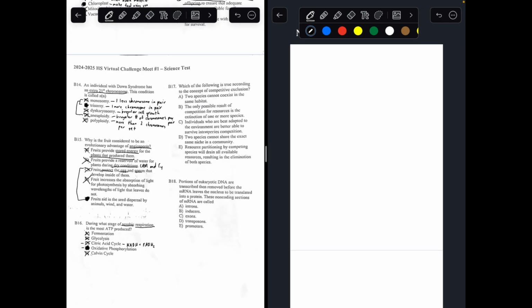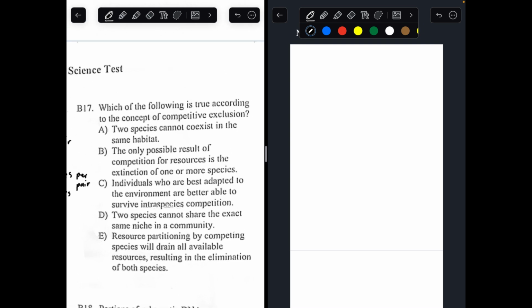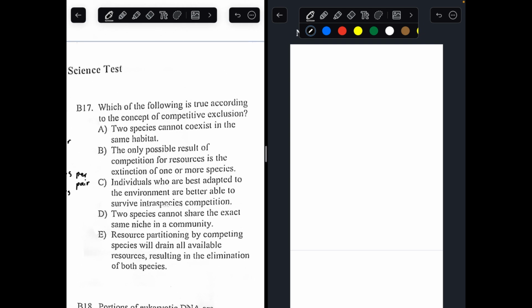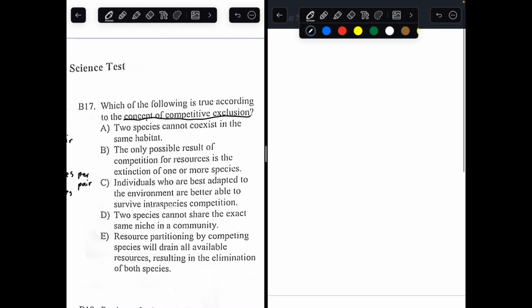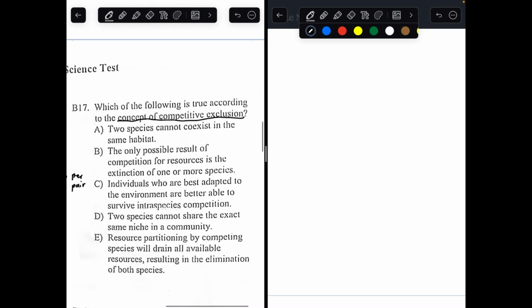Number 17. Which of the following is true according to the concept of competitive exclusion? So what is the concept of competitive exclusion? This states that two different species cannot share the exact same niche in an environment, and that eventually one will outcompete and drive the other out of the environment if they're both competing for resources.